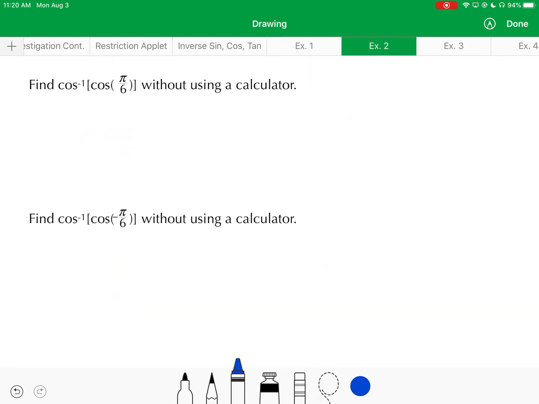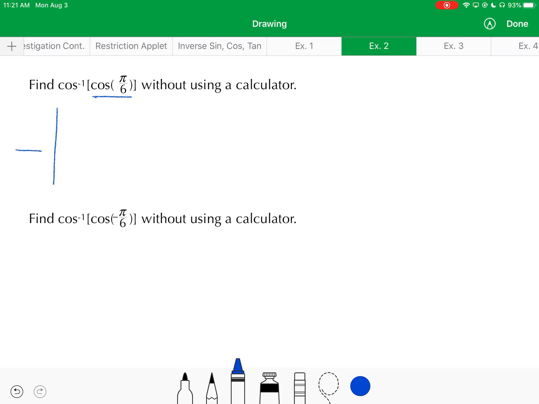Okay, all right, moving forward. Now let's evaluate inverse cosine of cosine of pi over 6 without using a calculator. Okay, so here this is like a composition. It's a function within a function. All right, so we're going to start with the inner function first. We're going to find cosine of pi over 6.